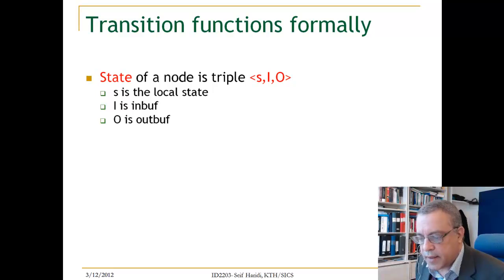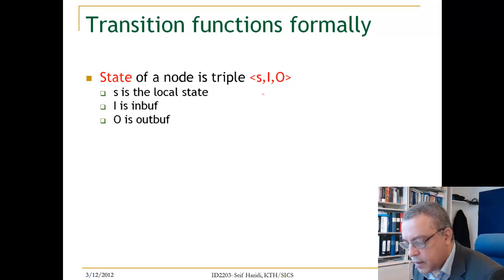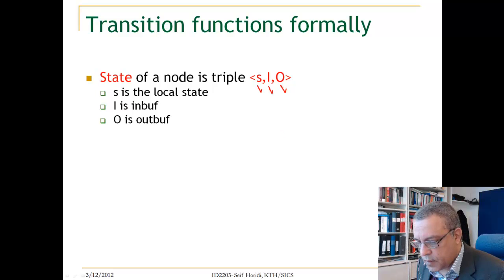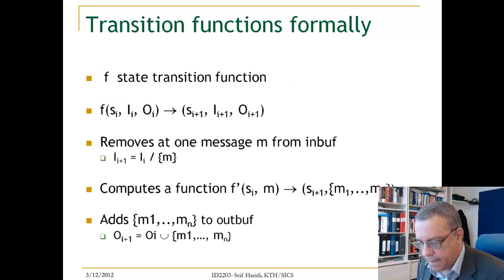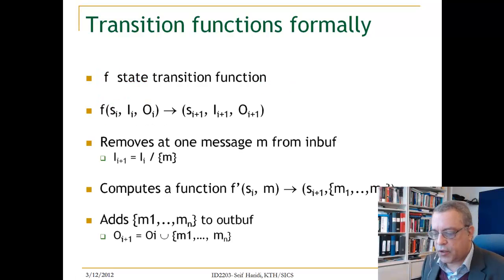So if we look at the state transition function, we want to define it formally. The state will be a triple. The triple consists of the local state, the set of messages on the input buffer, and the set of messages on the output buffer. So a state transition function f, what does it do?